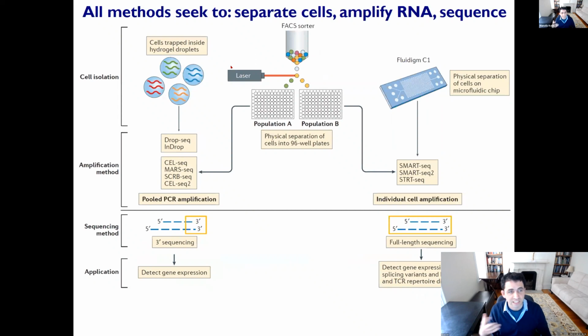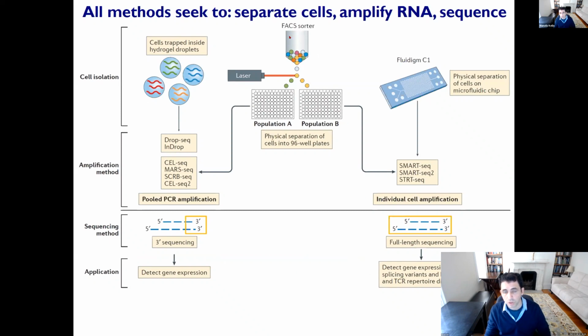And the basic pipeline is the following. Basically, what you want to do first is separate the cells. So basically trap the cells inside hydrogels or other ways of doing that. And that's what you see in DropSeq and a lot of these related methodologies. And then you want to amplify the RNA, and you want to sequence, and you want to use different types of analysis after that.